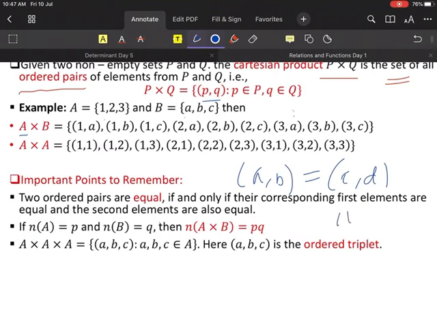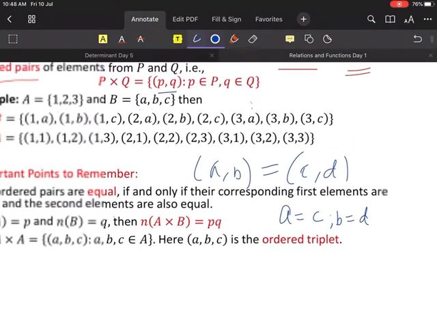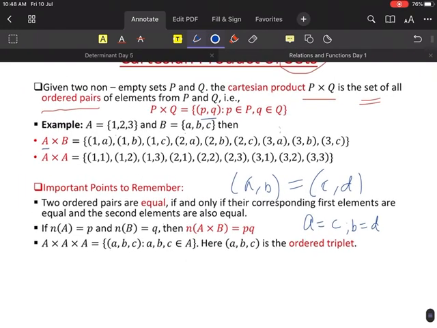It means that A is equal to C, the corresponding first element is equal, and B is equal to D. Two ordered pairs will be equal only when their corresponding first elements are equal and corresponding second elements are equal. Understood? It's very easy. Okay, now let's move on to the second one.